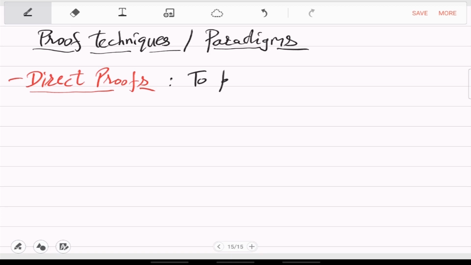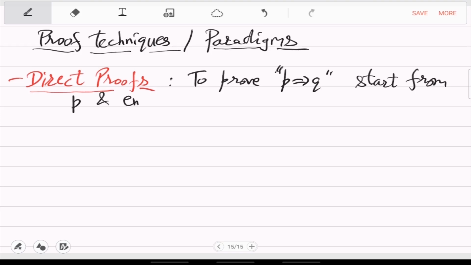So to prove P implies Q, start from P and end in Q, statement by statement.